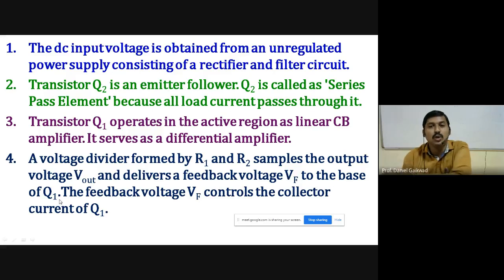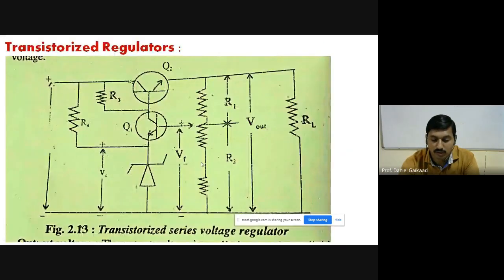So from the output, R1 R2 samples the output and takes a certain feedback voltage, which is Vf, and that feedback is given to the base of Q1. We already checked this in the diagram. So from this terminal R1 R2 process the output and take the feedback voltage Vf, which is fed to the base of Q1.